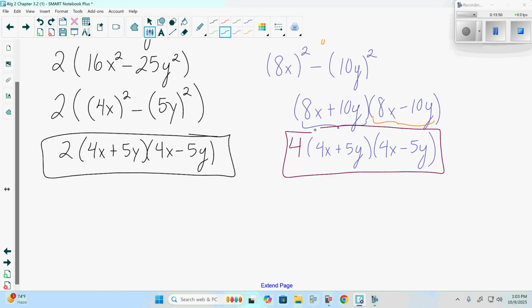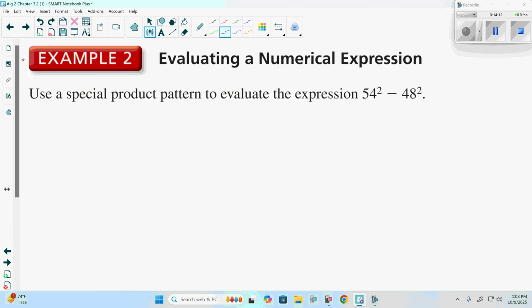That'd be fully factored. 8x plus 10y times 8x minus 10y is factored. It's not fully factored or factored completely. Because if they put the completely onto it, we have to go all the way down to 4 times 4x plus 5y times 4x minus 5y. That's completely. The step above is just factored. Questions on this here? Are you ready for this?